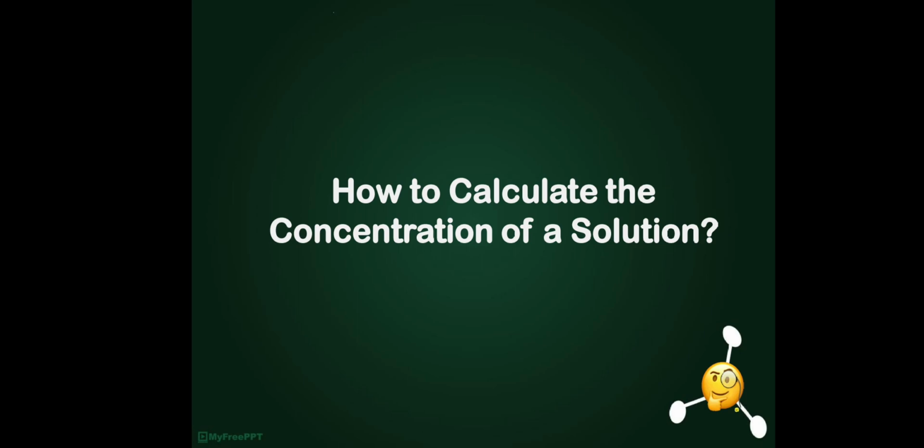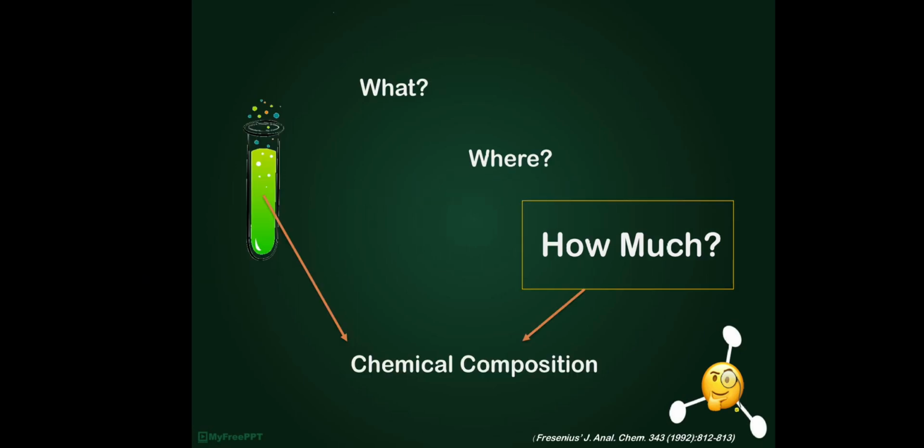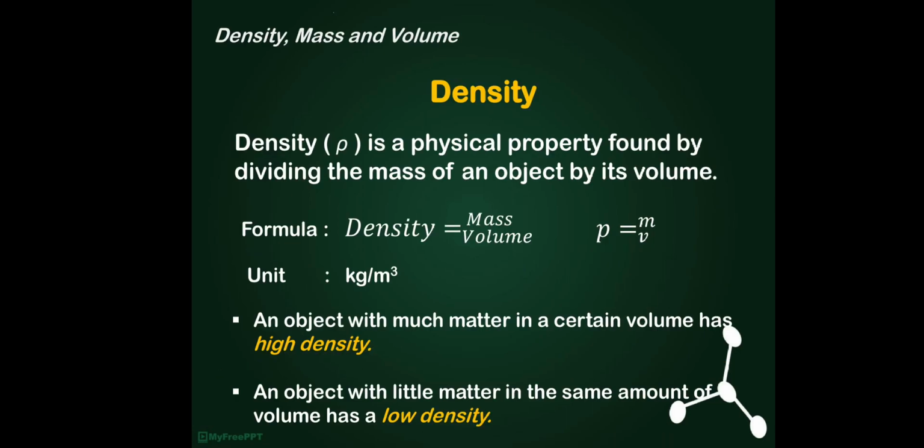There is a specific process, by means of what, where, or how much is the chemical composition of a certain substance or reagent, and there are steps on how to calculate it.